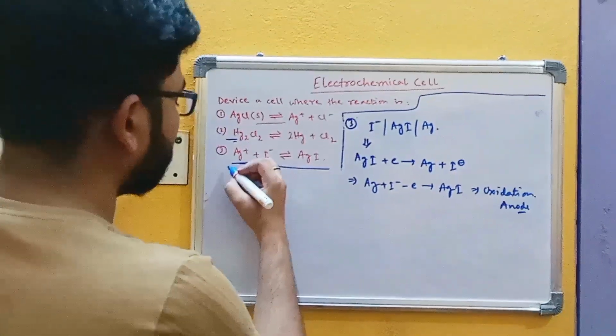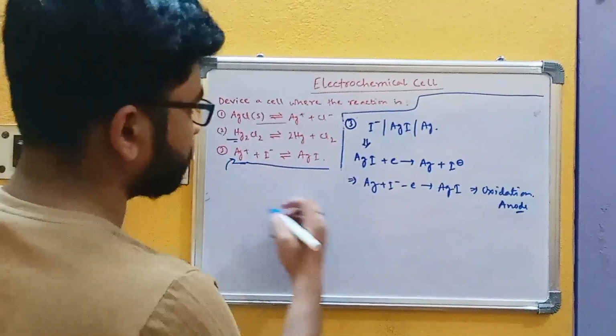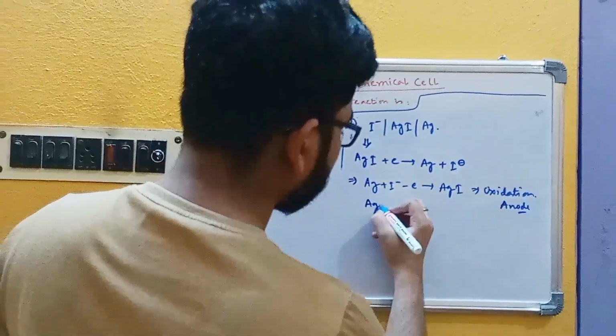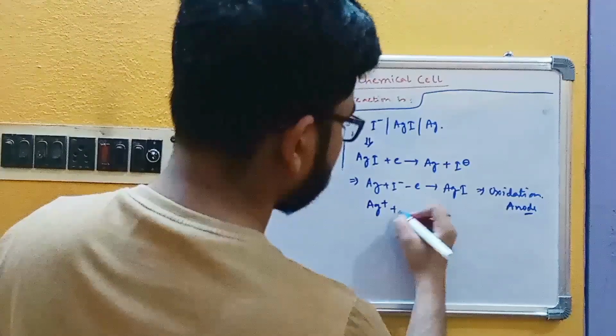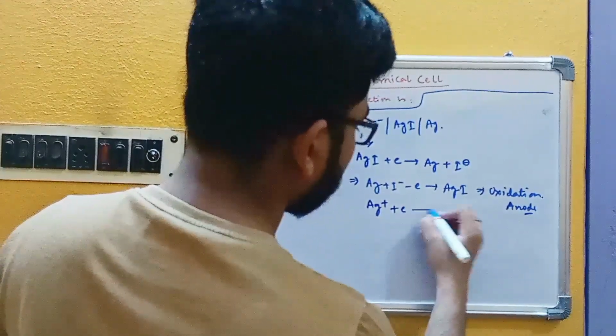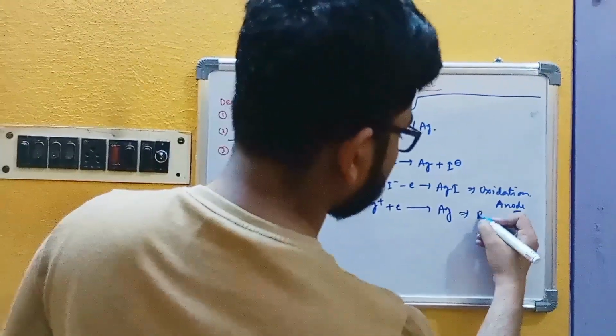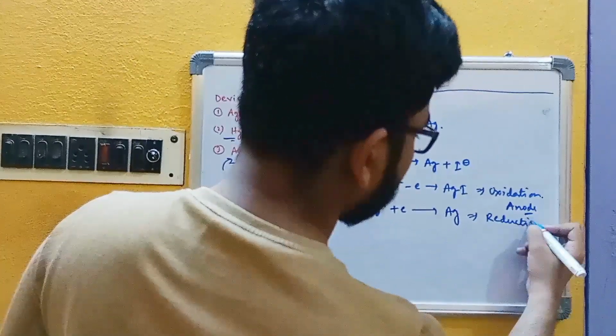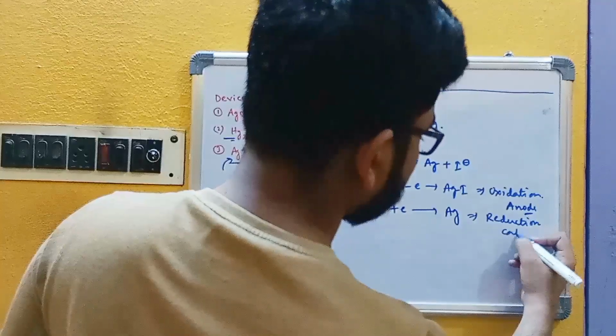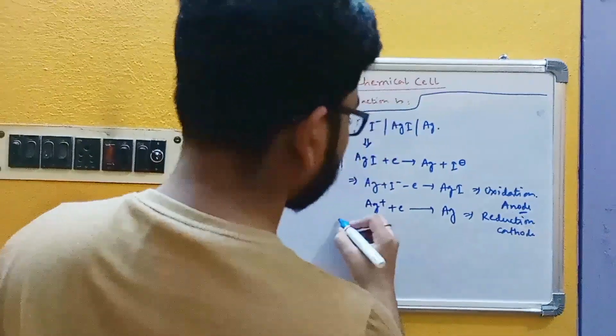Now look at the left hand side of this reaction, which is Ag plus, so we write Ag plus here, and this takes one electron and we get Ag, and that is reduction, and that acts as cathode.